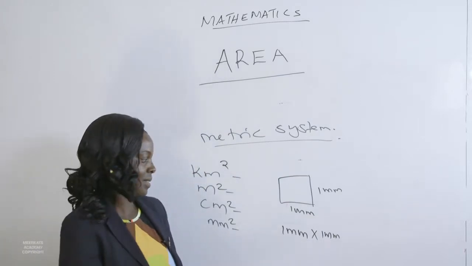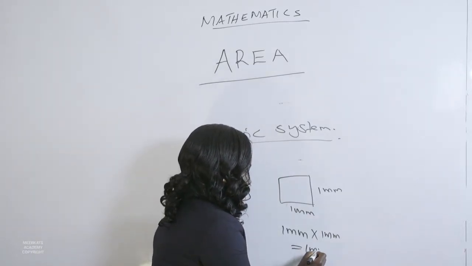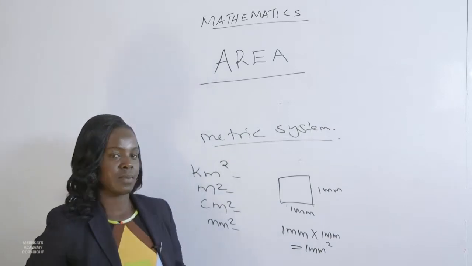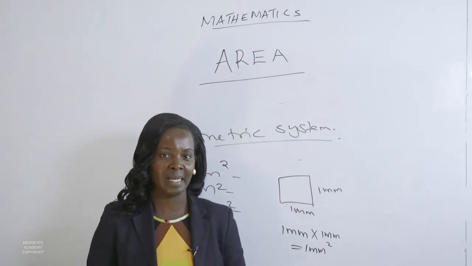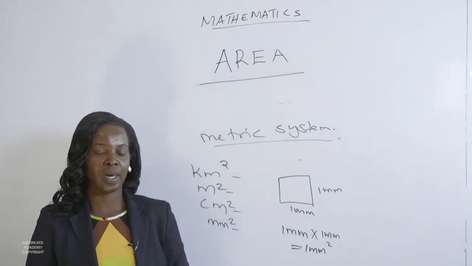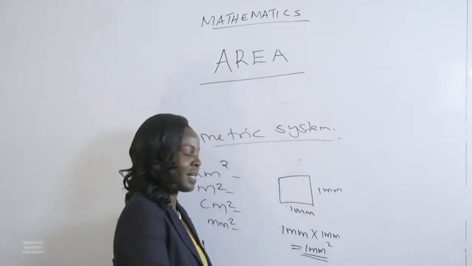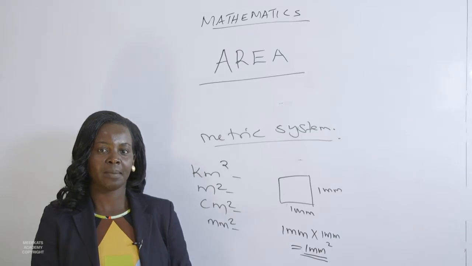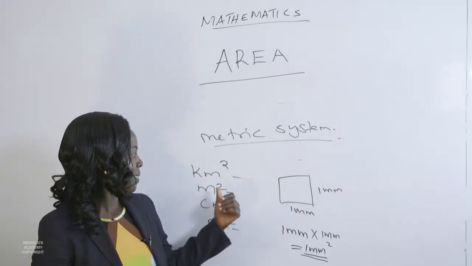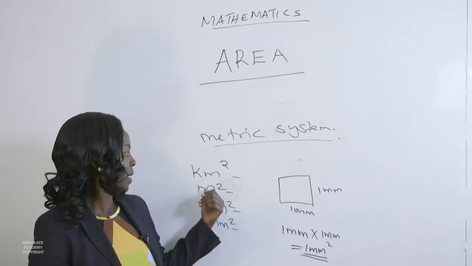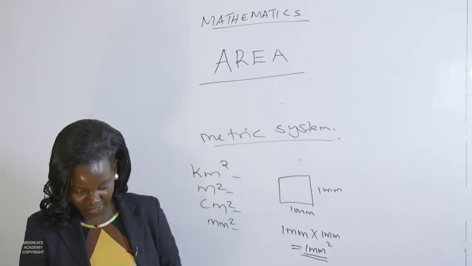What will that give us? It will give us 1 square millimeter. This is what we use to measure the area: square millimeters, square centimeters, square meters, and square kilometers.